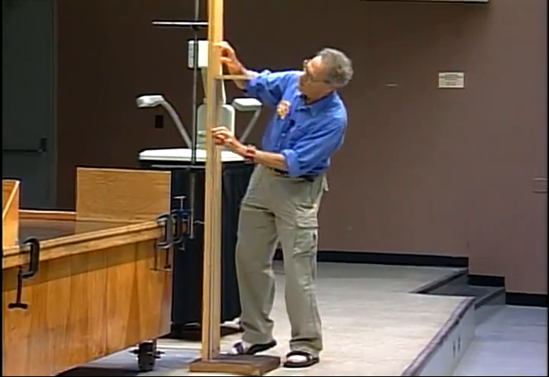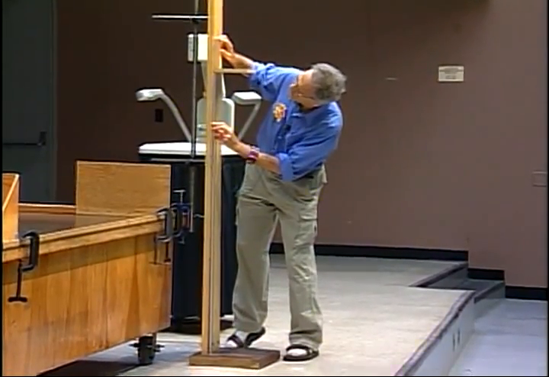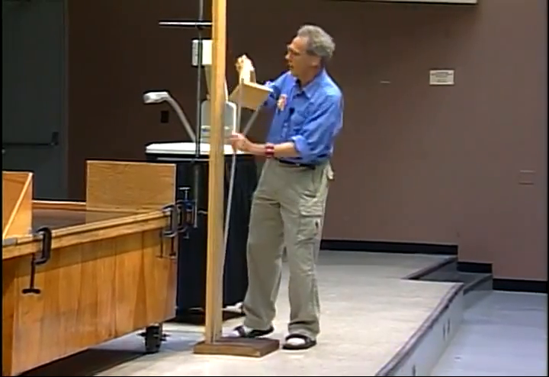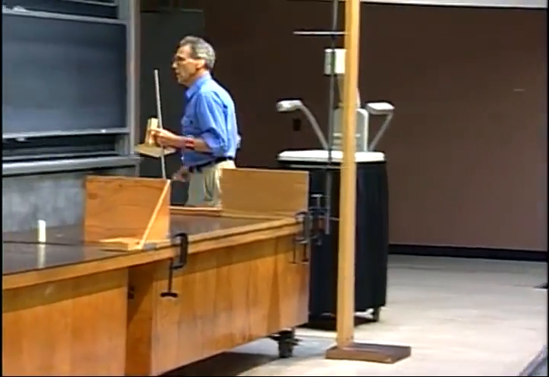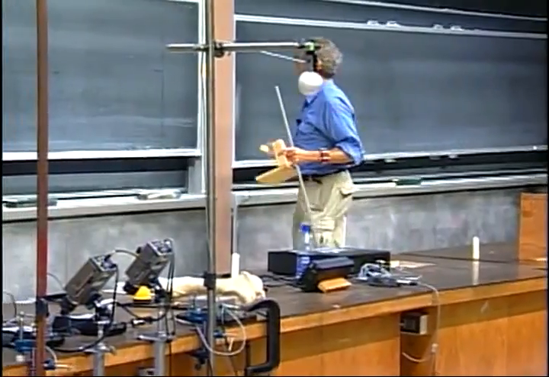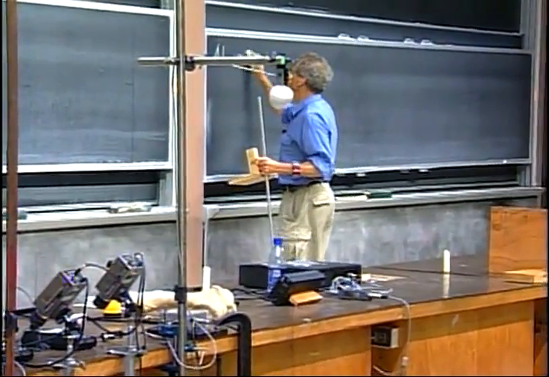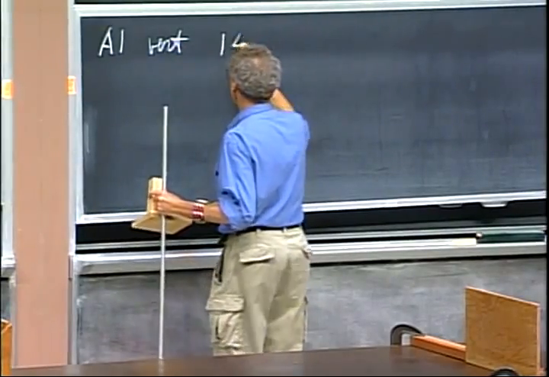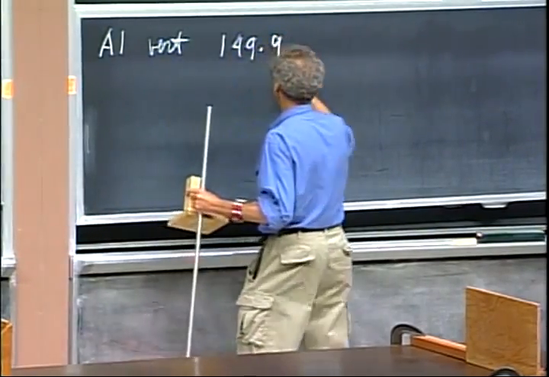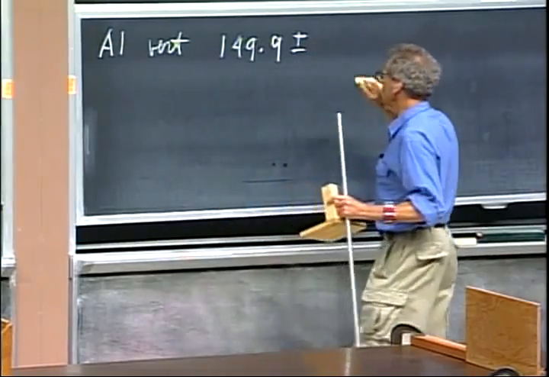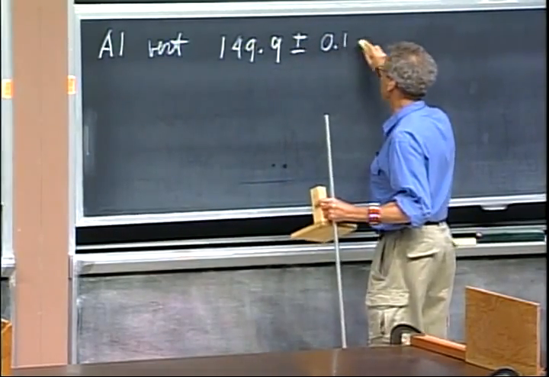So I measure here 149.9 centimeters. This is the aluminum bar, in vertical position, 149.9. But I would think that the uncertainty of my measurement is probably 1 millimeter.